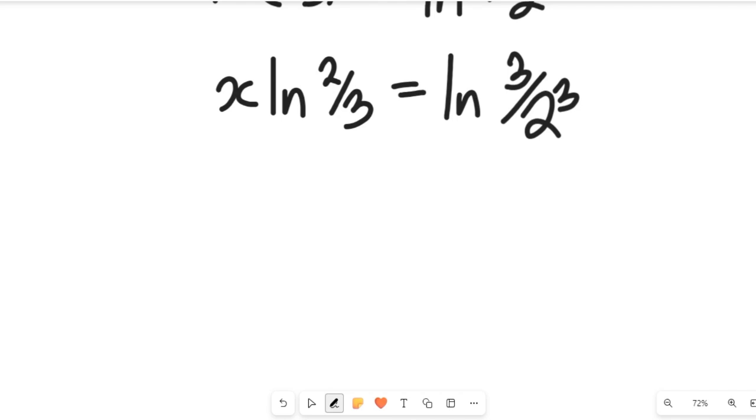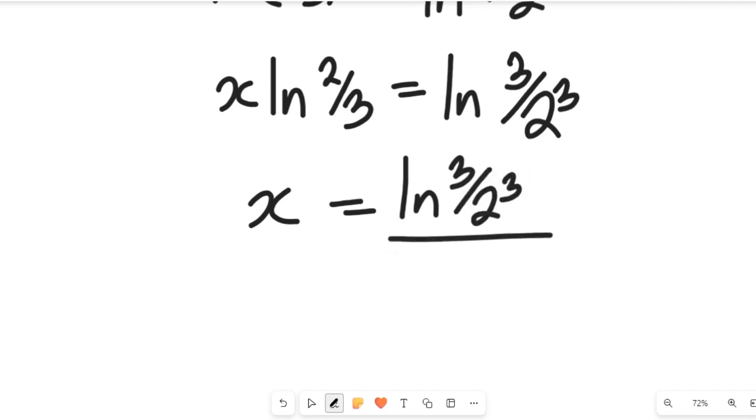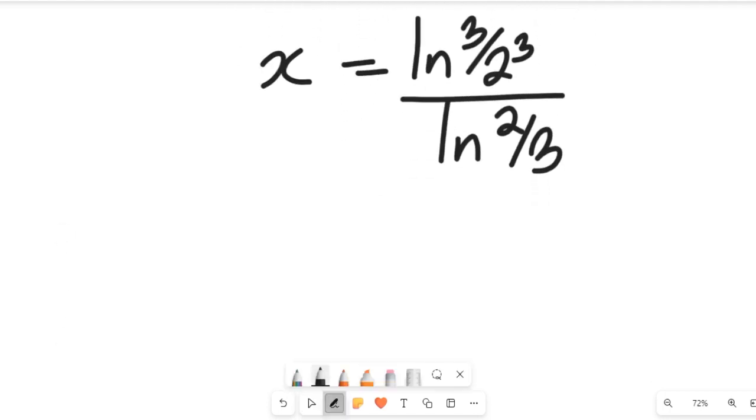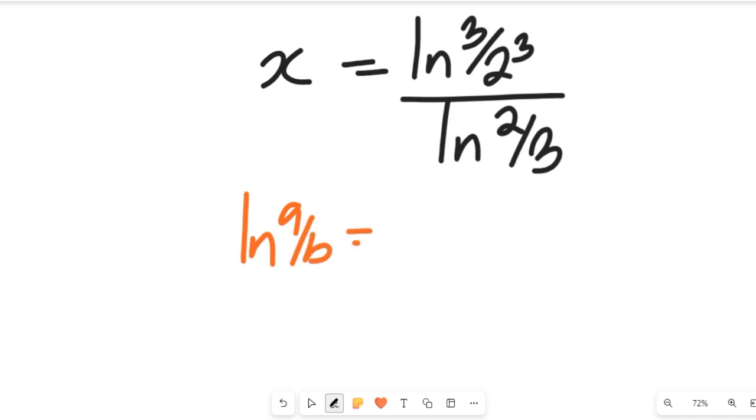So let's divide both sides by the logarithm of 2 divided by 3. If we do that, x will be equal to ln of 3 divided by 2 to the power of 3, divided by ln of 2 divided by 3. Having done this, I want us to recall one law of logarithms. If you have ln of a divided by b, this can be equal to ln of a minus ln of b.